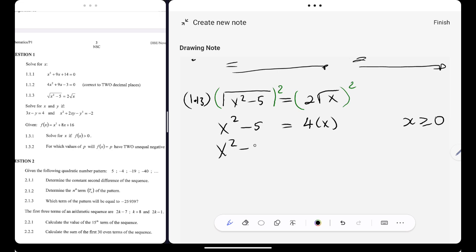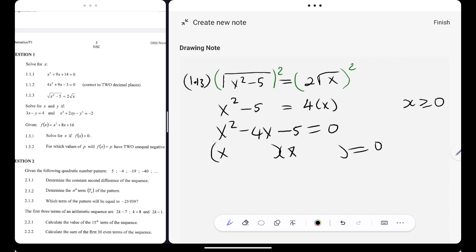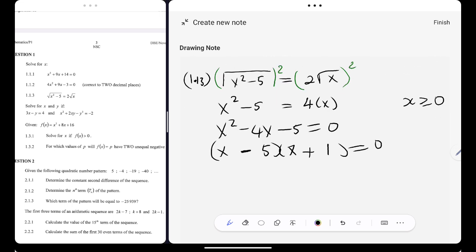I have x squared minus 4x minus 5 is equal to 0. The factors of 5 that when I subtract will give me 4 are 5 and 1. And since my 5 is negative, that means my brackets will have different signs, and the bigger factor will always take the sign of the middle term. Hence 5 has the sign of the middle term.